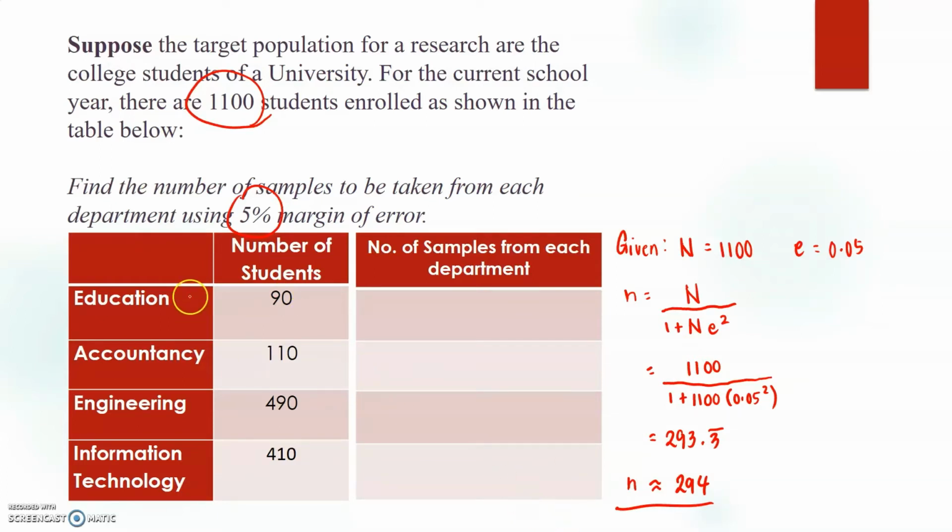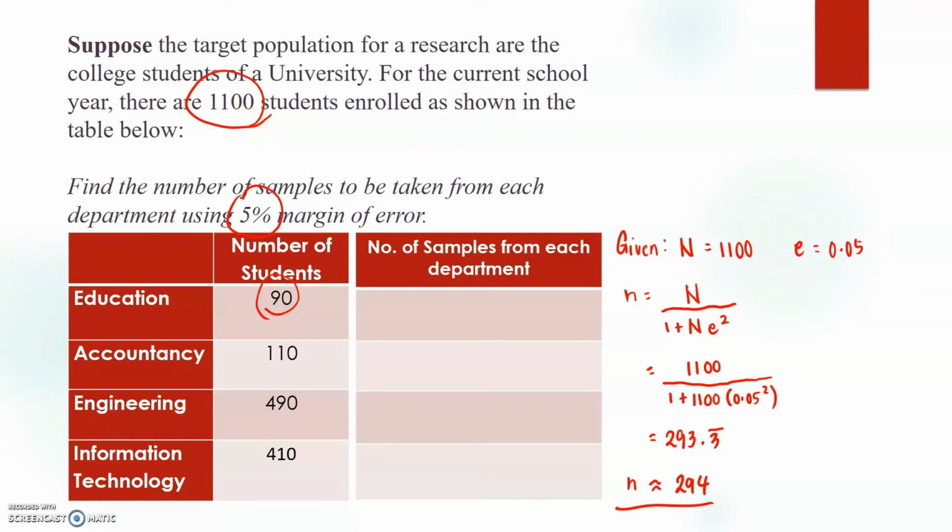So here, for education, we have 90 students. Now, to get the number of samples from each department, divide 90 by the population, which is 1,100.